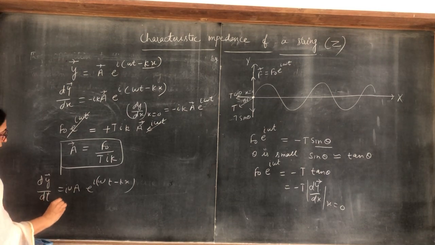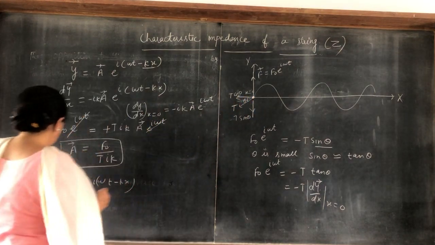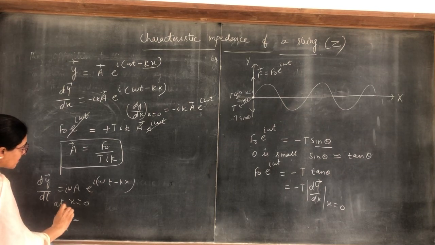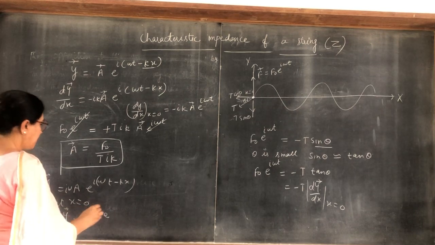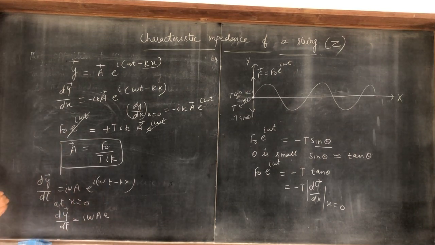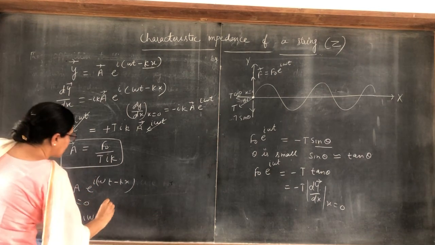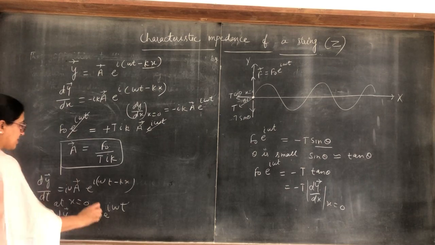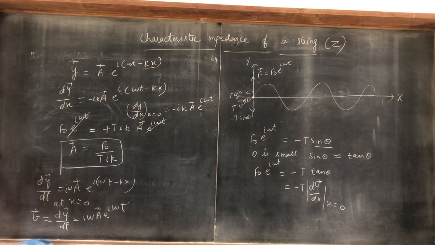And because we are here at x is equal to 0, this will be equal to iota omega a e raised to power iota omega t. So this is dy by dt, and this is velocity. We know that this is v.